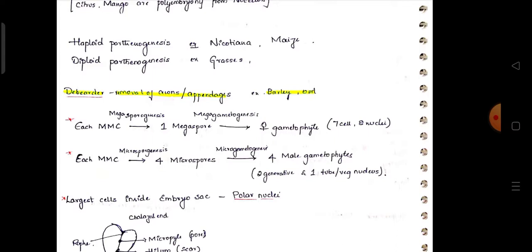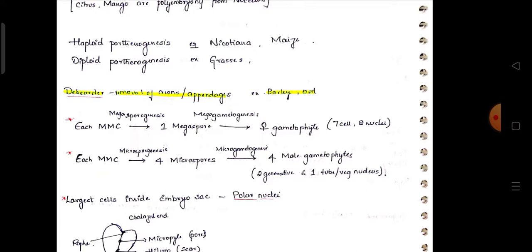The formation of 7 cells and 8 nuclei, how does it take place? For the female part, the megaspore mother cell gives rise to one megaspore, where megasporogenesis takes place. After that, megagametogenesis happens, where the female gametophyte is produced, which is 7 celled and 8 nuclei.